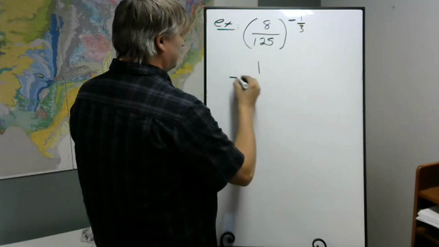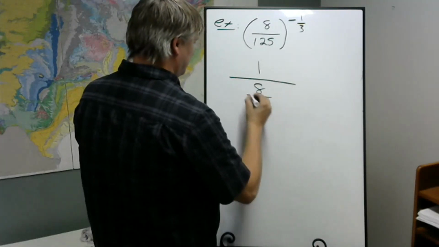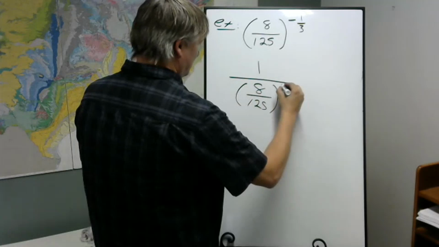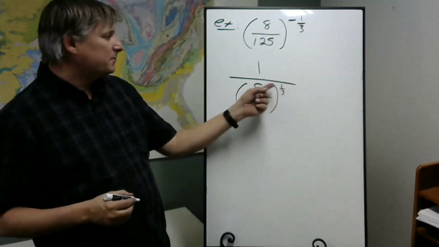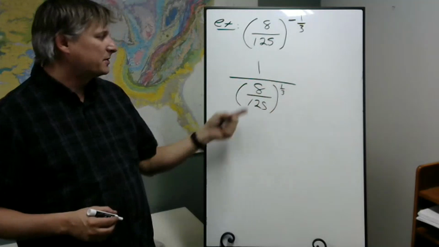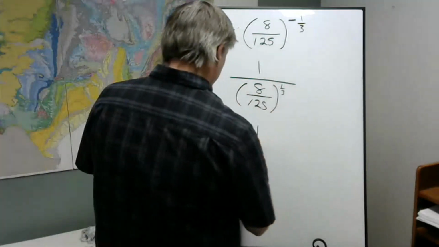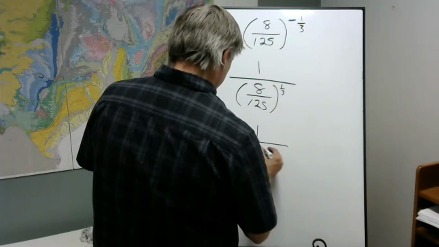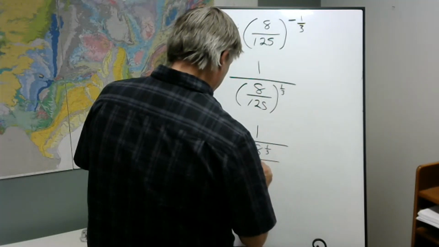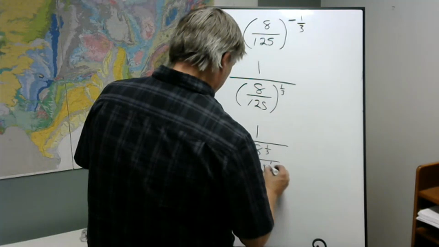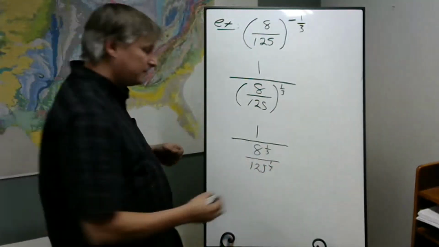So we can put it like this. Now we can distribute this exponent to this numerator and to that denominator. So that means cube root.